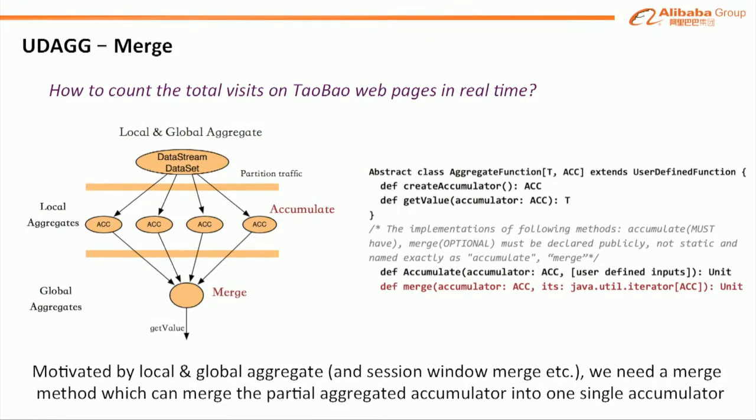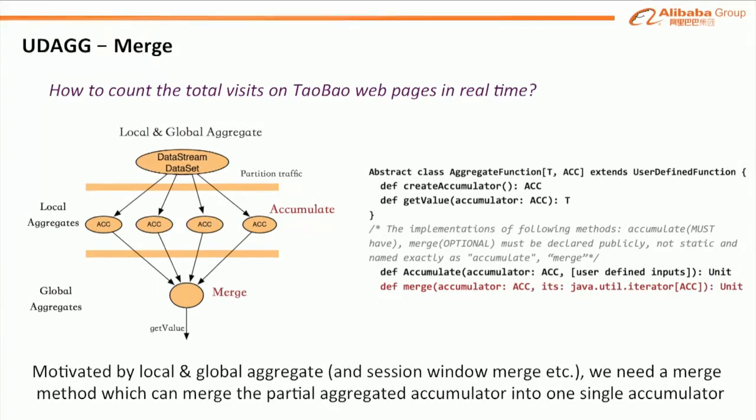On the second level, global aggregate, you just merge the accumulators. The idea is similar to map and reduce: you spread their load to different workers, and then you merge them together instead of handling everything on one single node.